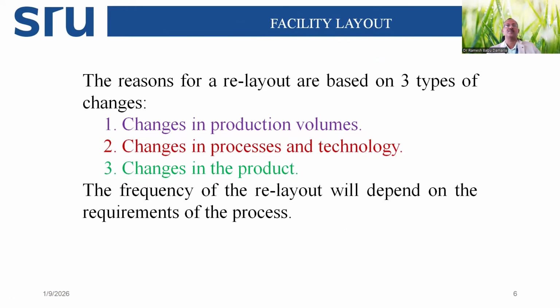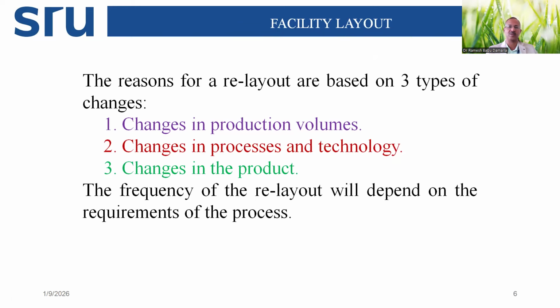Even though we'll be discussing more about layout decision, let us also see a case of an existing facility where production is not happening efficiently, where a re-layout is required. Basically, three types of changes are to be considered for any existing facility. If there is a requirement for re-layout, that can be because of changes in the production volumes.